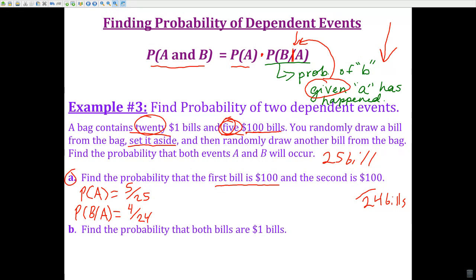Okay, so now let's clean it up. Probability of A and B equals 5 over 25. If you wanted to simplify it, that's fine. Sometimes it's just easier to not. Times 4 over 24. This is what I would do in the calculator: 5 over 25 in parentheses times 4 over 24 in parentheses.